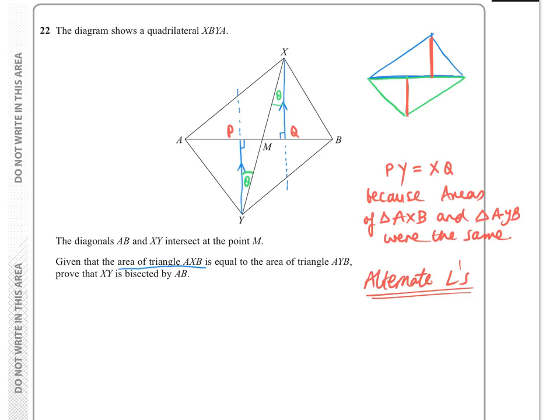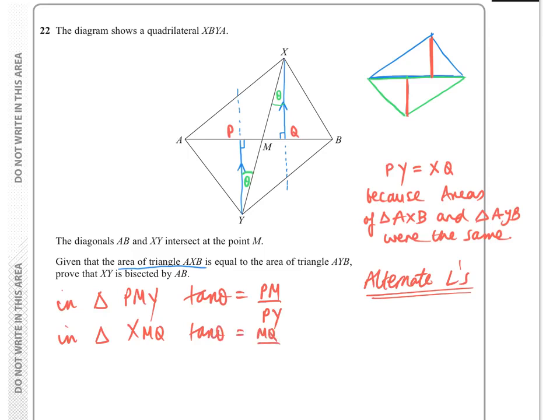So we've got 2 right angled triangles now. So in triangle PMY, we can say that tan theta is opposite, which is PM, over adjacent, which is PY. And in triangle XMQ, we can also say that tan theta is MQ over XQ.